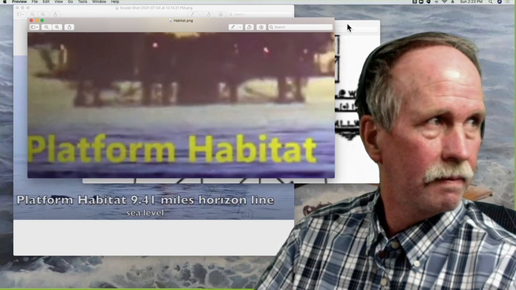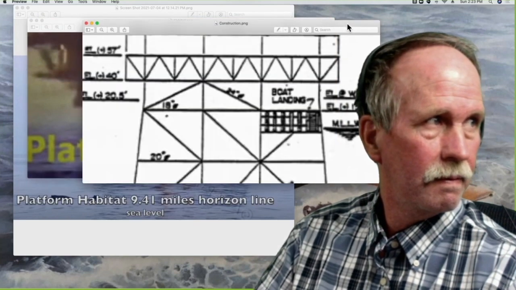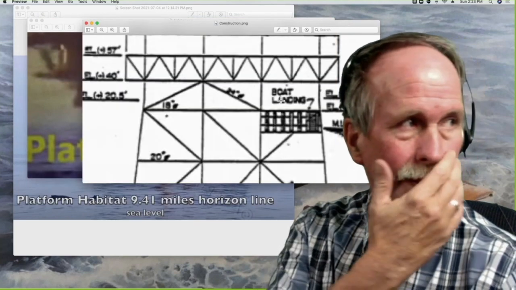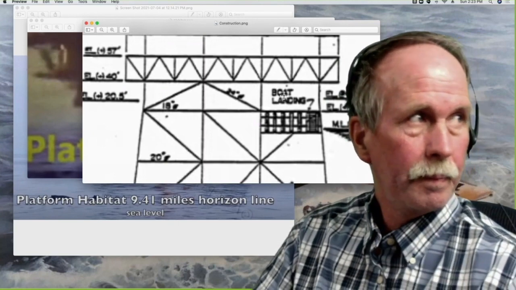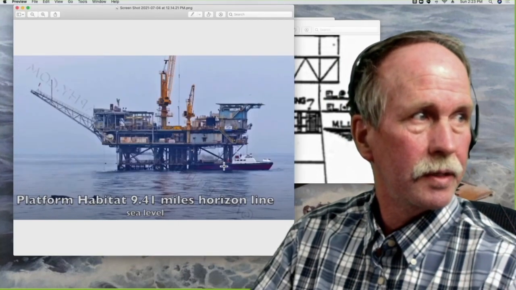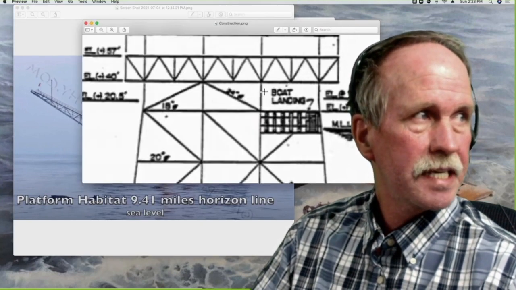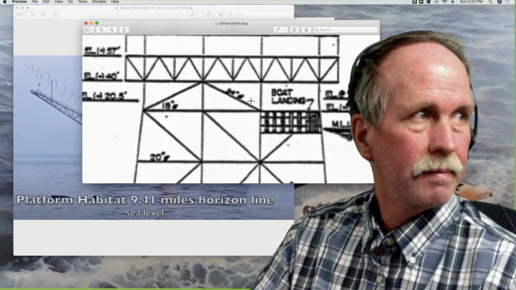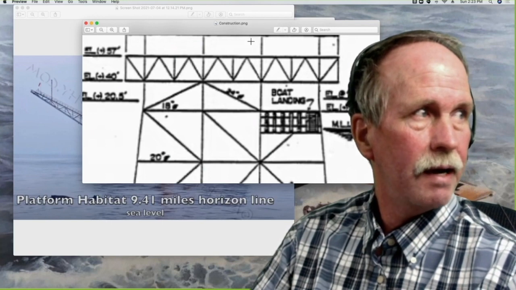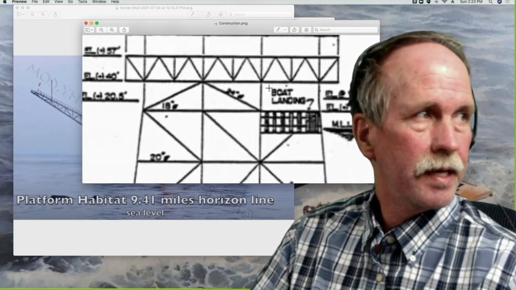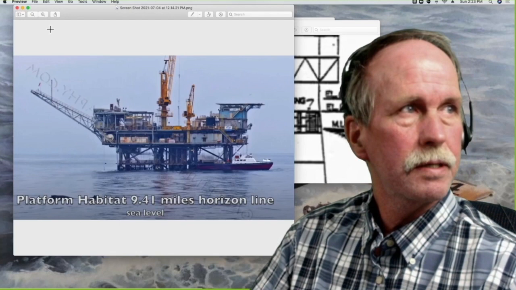There's no diagonal in that area, though. When it says boat landing, there's no cross member. But there is one, and you can see it. So they may have taken that one diagonal out simply because they had the boat landing there. Or let's look at this again real quick.